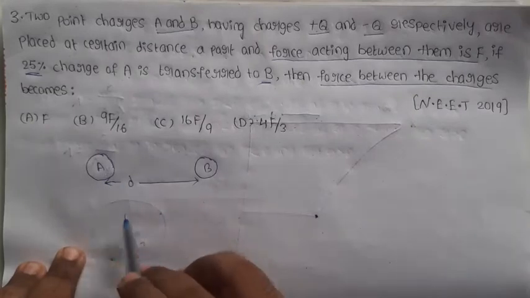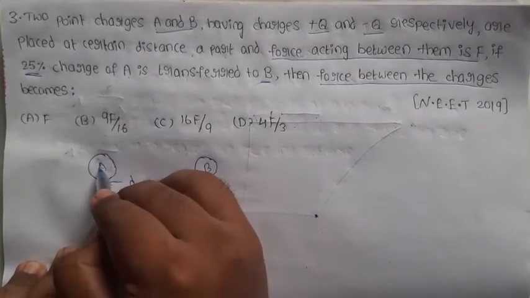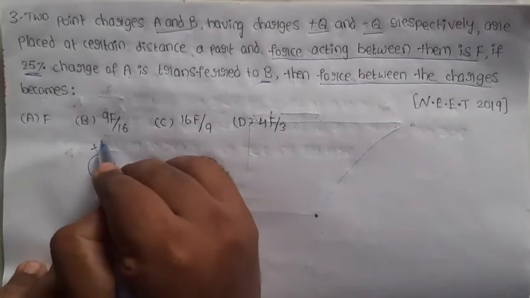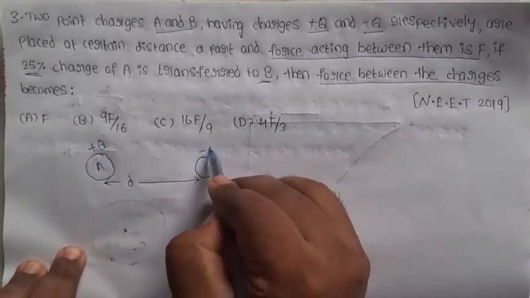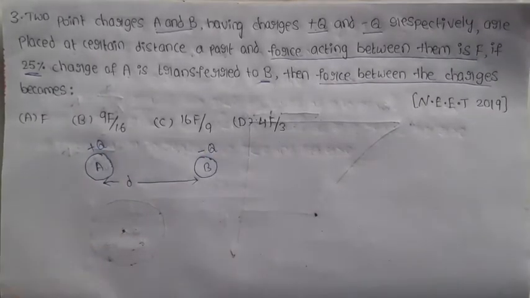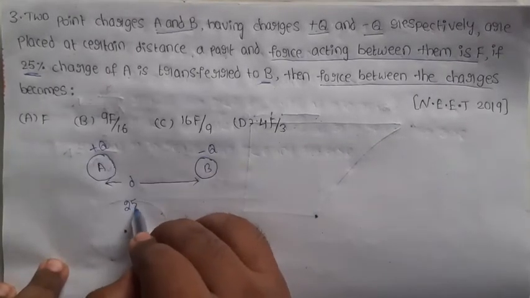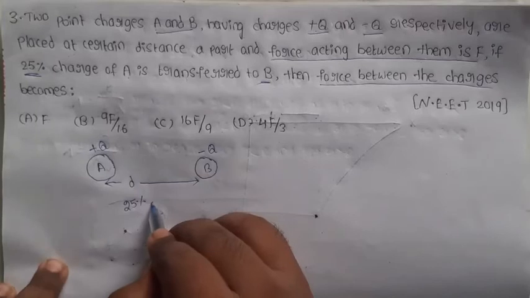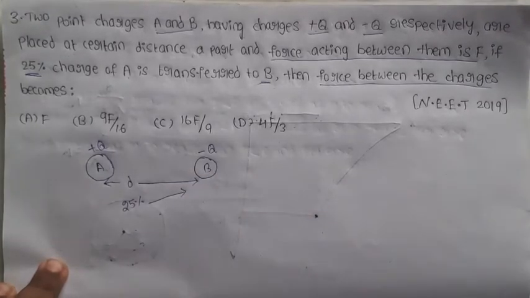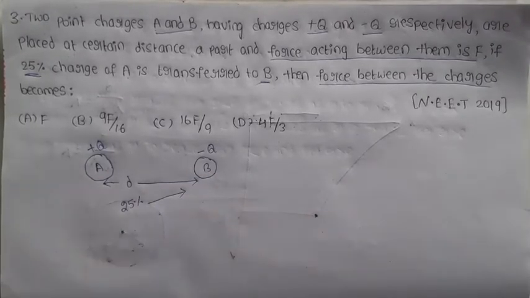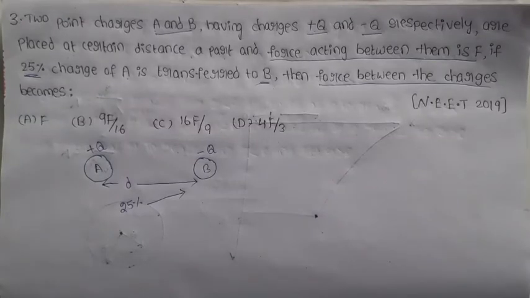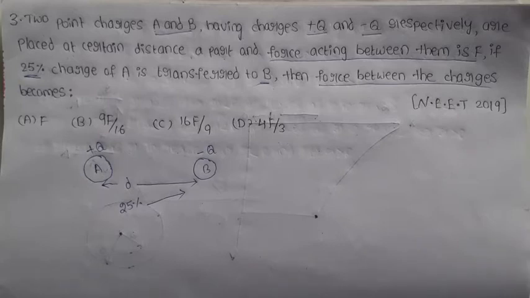Point A charge is plus Q, point B charge is minus Q. These are the given data. 25% of charge A is transferred to B. Then what is the force difference? We have to find the new force.